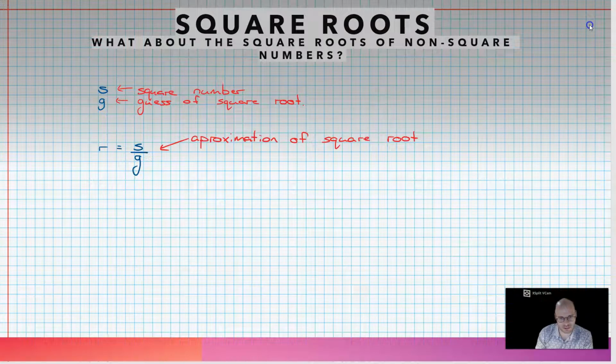So we'll calculate the root of, let's go 16. So we'll go square root of 16. And let's take a guess, and let's say that the square root of 16 is half of 16. So s divided by 2, which is 8. And now we want to calculate the root.